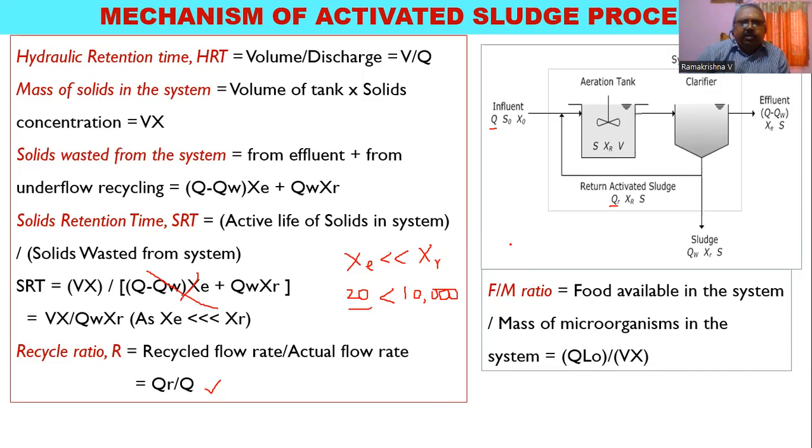The biological solids or microorganisms present are nothing but the MLSS in the tank. So F by M ratio is how much BOD is coming and how much MLSS is there in the aeration tank, that is Q into L naught divided by V into X. Simple calculation.